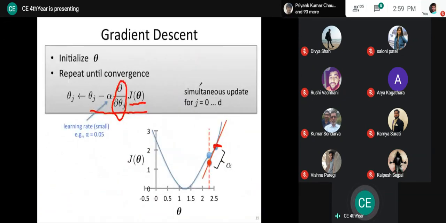The third thing that you can write is this equation, the equation of gradient descent.